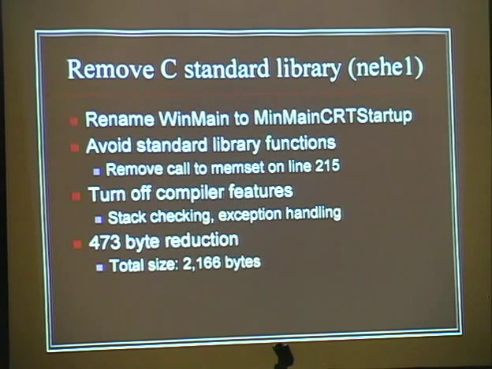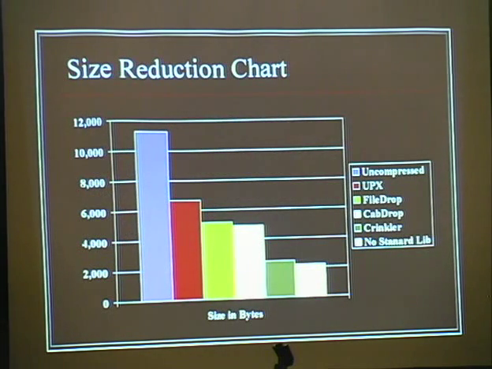So some stuff like that has to go away. If we do all these things and we remove the standard library from the linker options, we end up with a 473 byte reduction. So that takes us down to 2066 bytes. So it's a small savings, but when you consider that it's 400 bytes, it's almost 10% of the entire production right there. So it's very good.